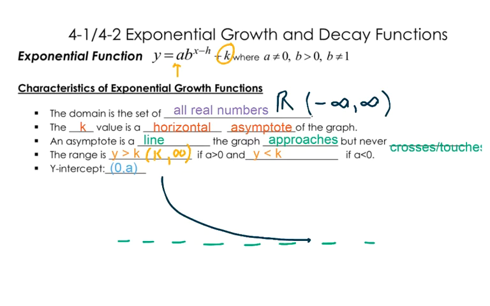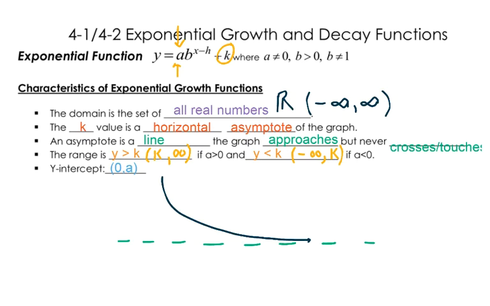If the a value is negative, then the range will be less than k. We did this not too long ago when we were graphing our square root and cube root functions. So then we would just write negative infinity to k.